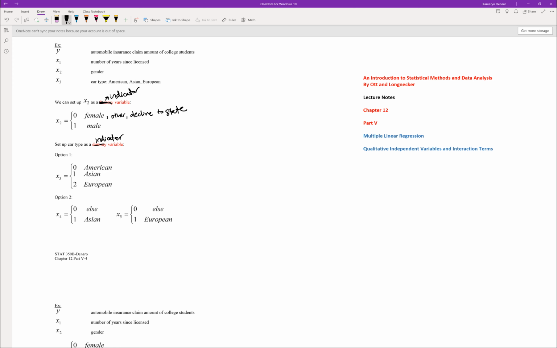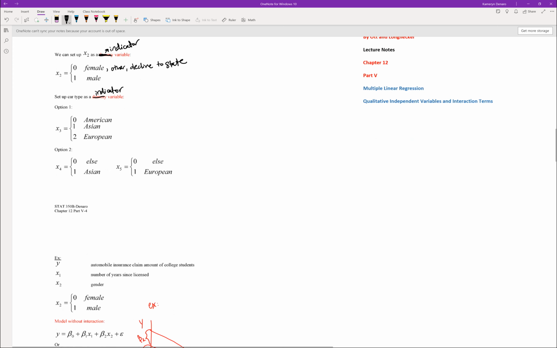The other way is to create two variables, X4 and X5, where X4 is 1 for an Asian-made car and 0 else, and X5 is 1 for a European-made car and 0 else. So the American car will be represented when X4 equals 0 and X5 equals 0. That's really up to you.